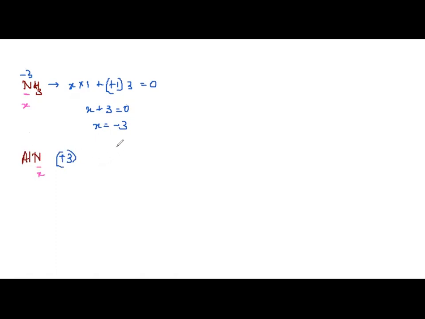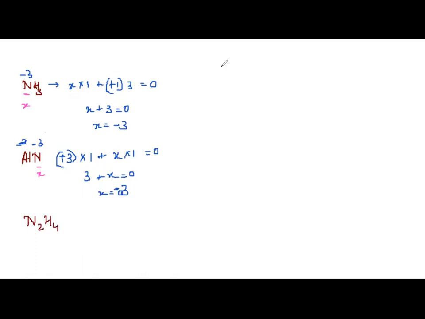Beryllium, magnesium, calcium, barium, strontium +2. Boron, aluminium +3 always. Okay, then only I'll be able to solve it. Into how many aluminium atoms? 1. Plus nitrogen X into how many? 1. So it is 3 plus X is equal to 0. Entirely it is 0. X is equal to -3. So what is the charge on nitrogen? It is again -3.